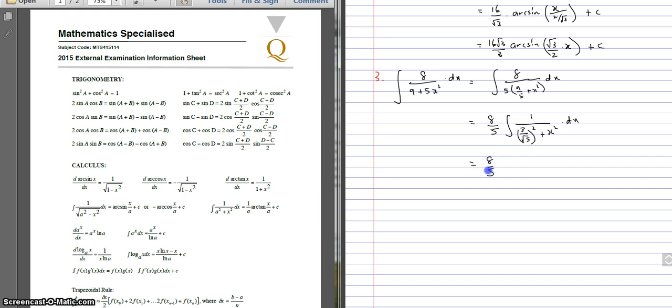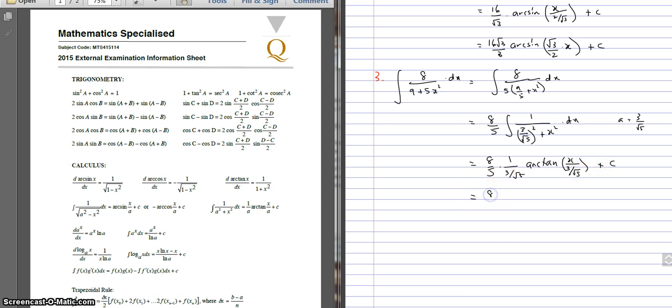So the 8 over 5 times 1 over a, where our value for a is 3 over the square root of 5. So that's 1 over 3 over the square root of 5, times arctan of x over a, so x over 3 over the square root of 5, plus c.